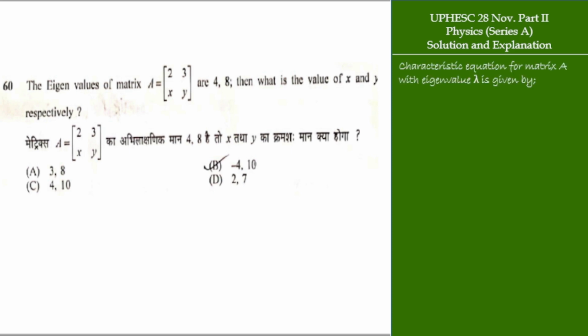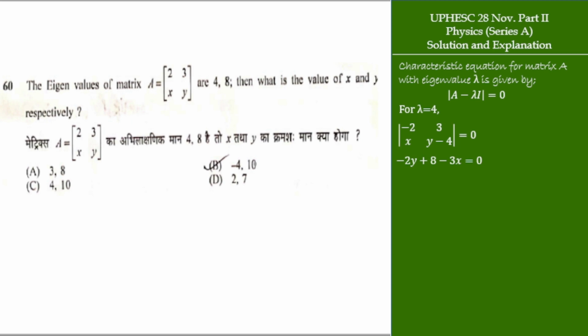The characteristic equation for matrix A with eigenvalue lambda is given by determinant of A minus lambda I equals 0. So for lambda equals 4, you can use the above relation. You will get the determinant of the matrix with entries minus 2, 3, x, y minus 4 equals 0.